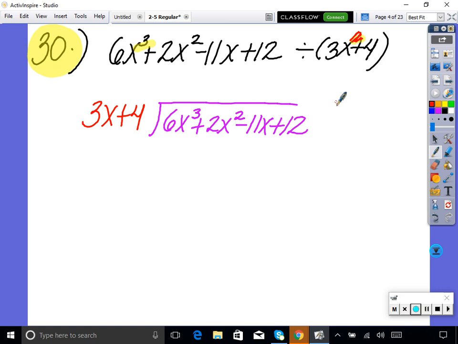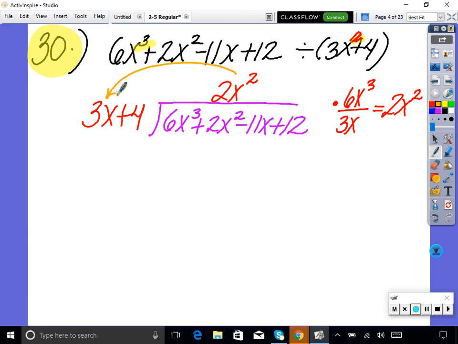Okay, here we go. Off on the side. Leading term by leading term. 6x cubed divided by 3x. Good, 2x squared. That's on top. We're going in our roundabout process. Multiply that back down. 2x squared times positive 3x. Positive 6x cubed.